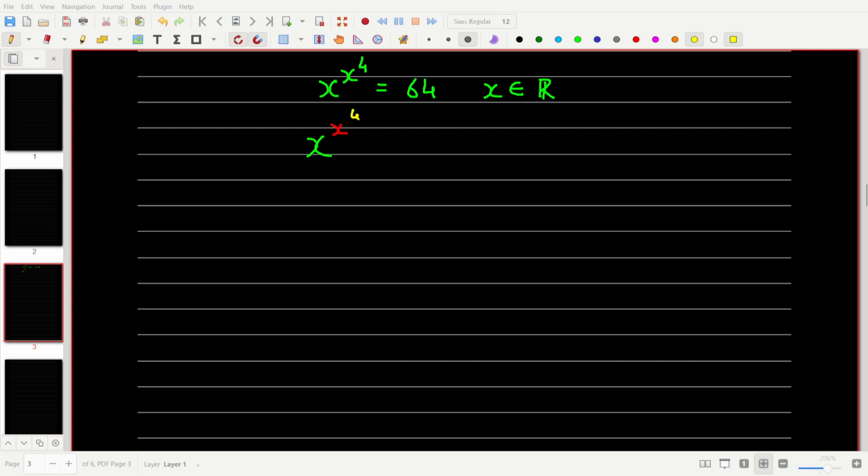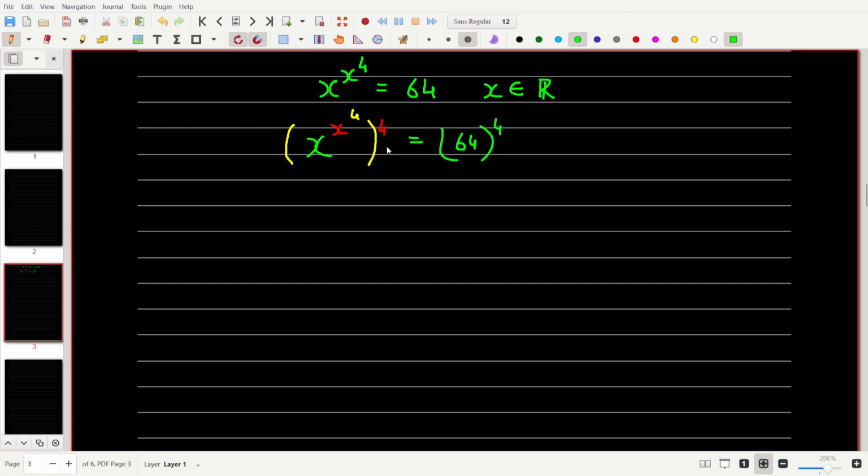So what I'll do is I'll raise this x to the power of 4, and let's see what that makes. My 4 is at this level, at the level of x. Now this is the same thing as 64 to the power of 4.